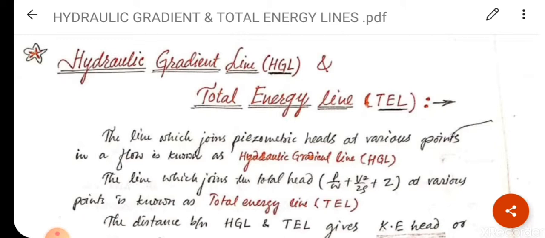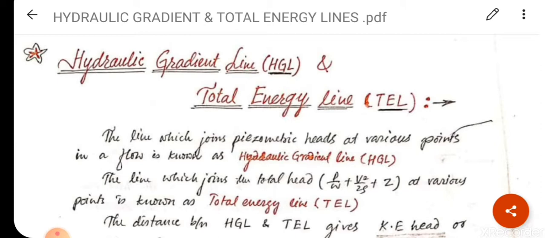So, what is the hydraulic gradient line and what is the total energy line? The line which joins piezometric heads at various points in a flow is known as the hydraulic gradient line. In short, it is written as HGL. What is piezometric head? Already discussed before: P by W plus Z is known as piezometric head.